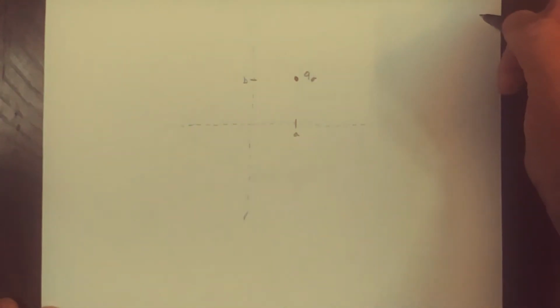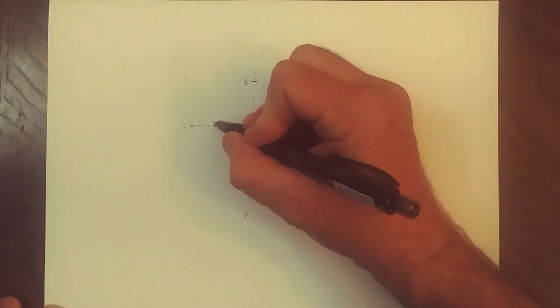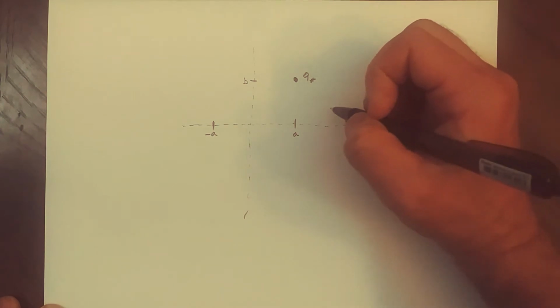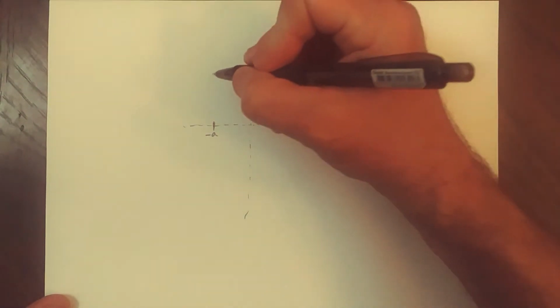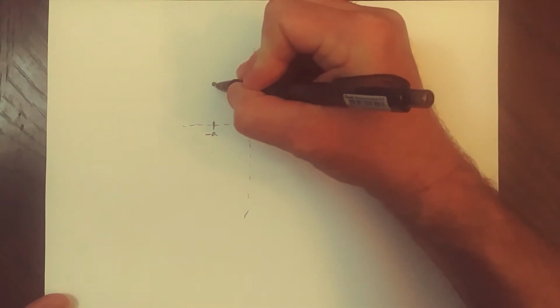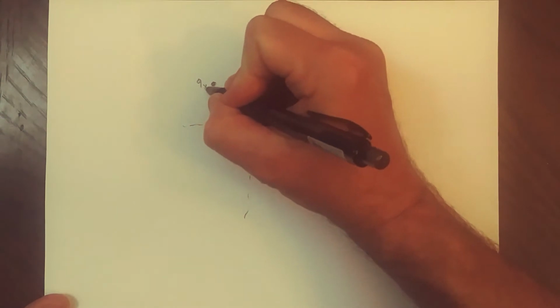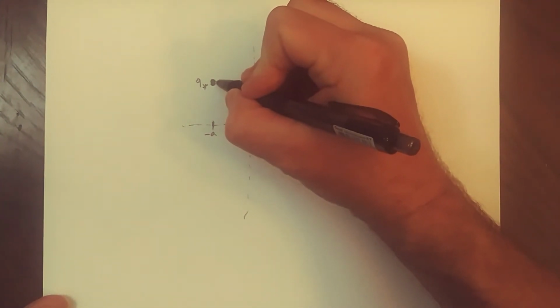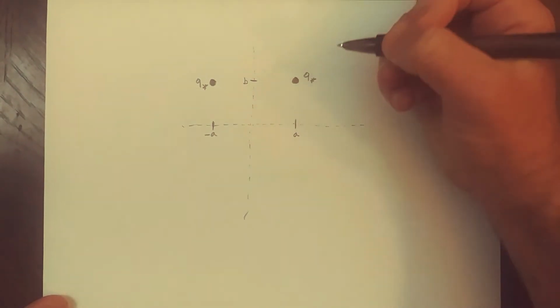Okay, so a particle of charge q star is sitting there, and at x equals minus a, and at y equals b, we have a particle of the same charge, q star. I didn't draw that very well, but let's make it a little bit bigger. So they're at the same height, if you will.